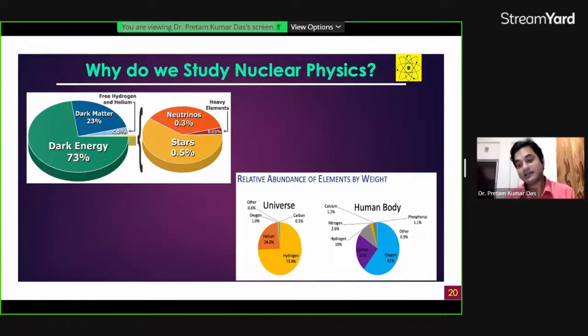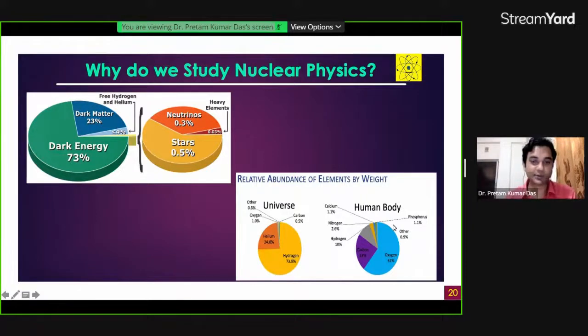So we can understand that these elements cannot be formed after the Big Bang. Just the hydrogen can come from that, but most of the elements should be formed inside the star.